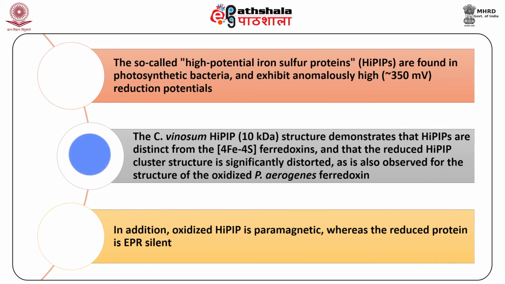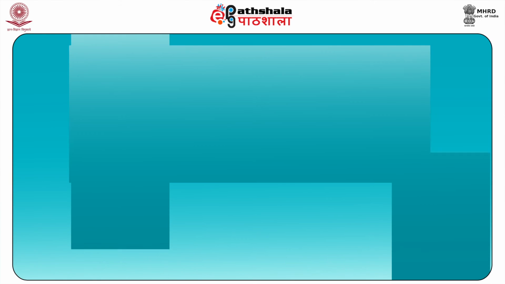The C. vinosum HiPIP, which is approximately 10 kilodaltons, has a structure demonstrating that HiPIPs are distinct from the 4 iron 4 sulfur ferredoxins, and the reduced HiPIP structure is significantly distorted, as is also observed for the structure of oxidized P. aerogenes ferredoxin. In addition, the oxidized HiPIP is paramagnetic, whereas the reduced protein is EPR silent.